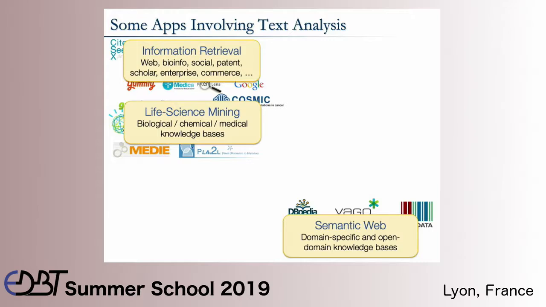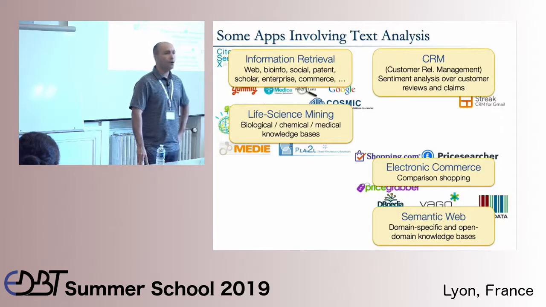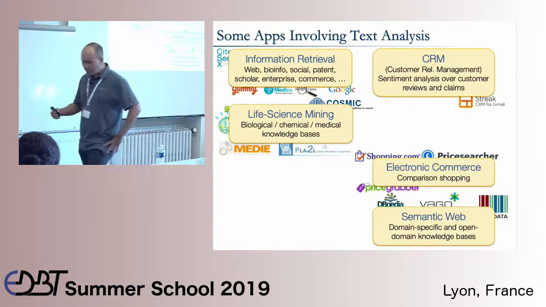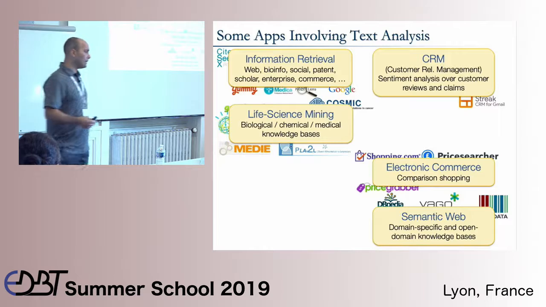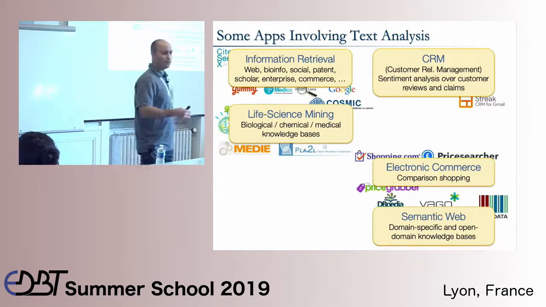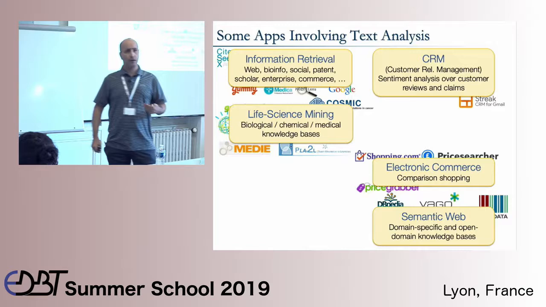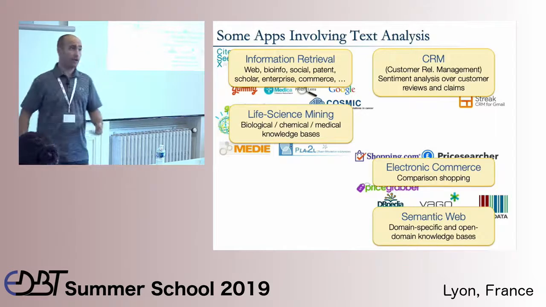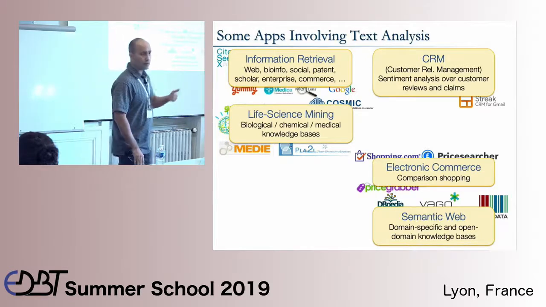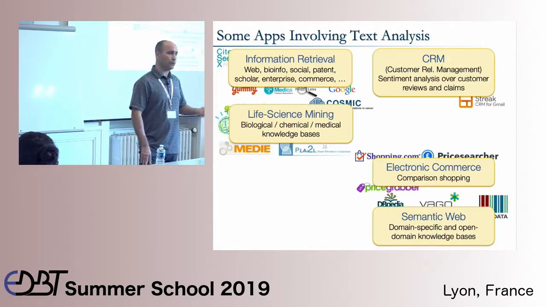Okay, so there is more and more research and science around how to read these publications using machines. A few more. In the commercial domain, in CRM, customer relationship management, companies are trying to find the sentiment and trends of clients toward their products from, say, customer claims or customer reviews on the website.